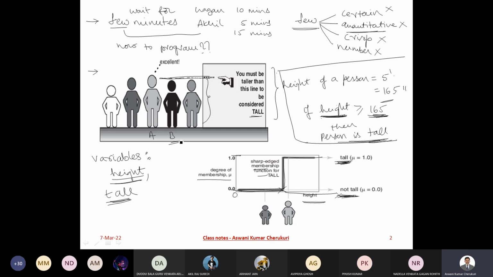Is B tall or not? Somewhat tall. See, what is somewhat tall? Can you tell me the answer based on the logic I have narrated here? It is not tall, right? Not tall, sir. But in practical applications, can we say that he is not tall?